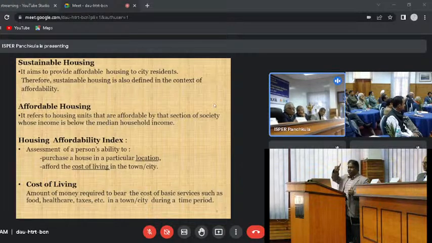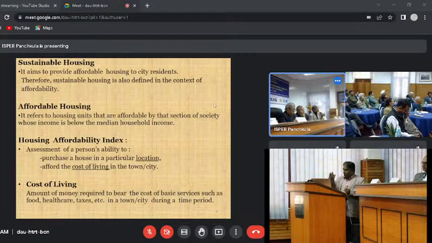The median income of the city of New York is totally different from the city of Mumbai. So this median income level should be known to us as design professionals. Below that, it may come under the category of affordable housing.